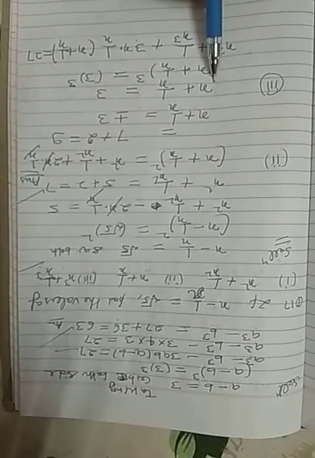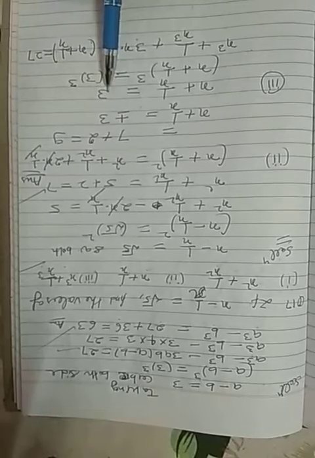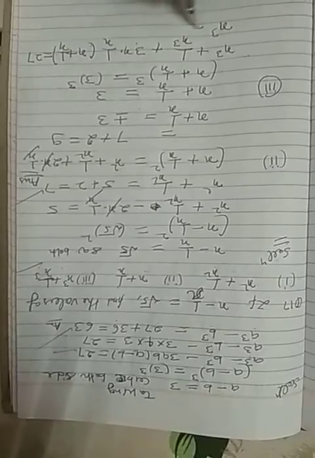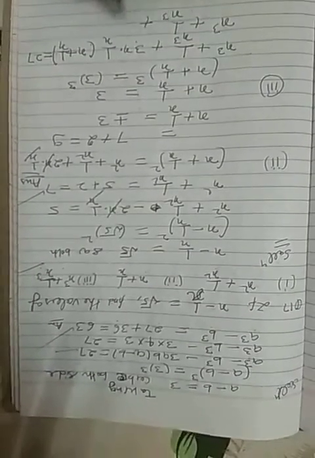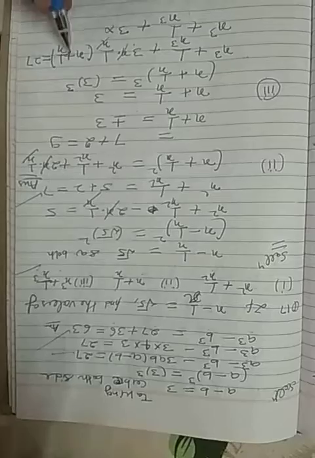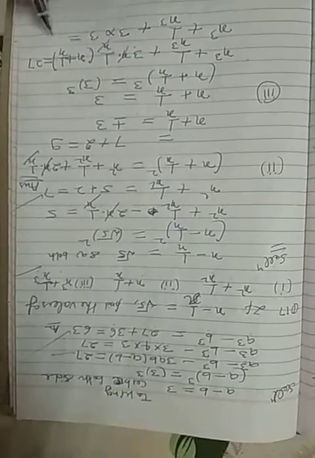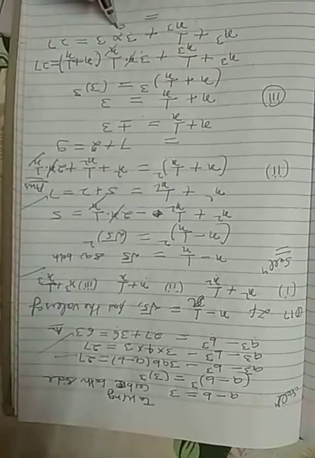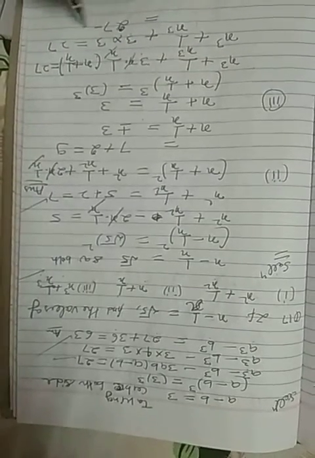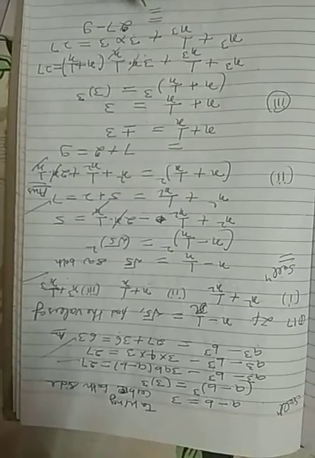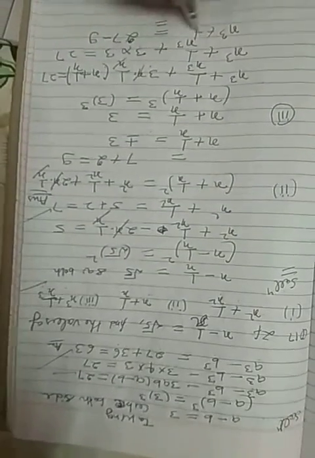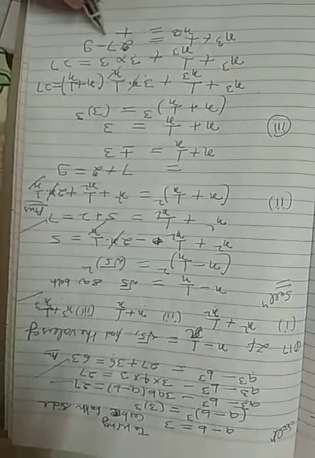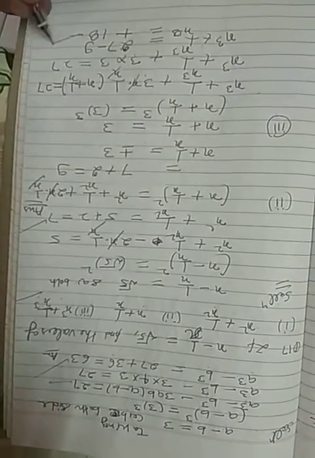Here we proceed with the positive value of x + 1/x. So x³ + 1/x³ + 3 into (x + 1/x), which is 3, equals 27, and 3 into 3 is 9. Transposing that 9 to the right-hand side, 27 minus 9, x³ + 1/x³ equals 18, and that is one answer.